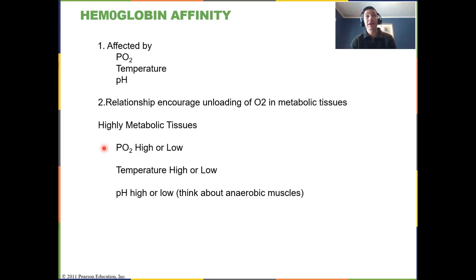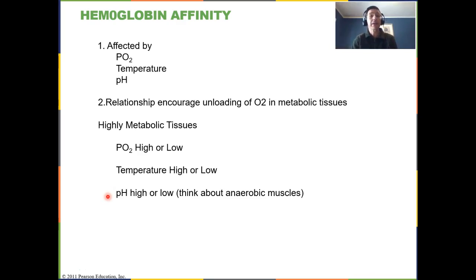You want more oxygen in your quadriceps, but they're using it, so the partial pressure due to oxygen is always going to be low in a tissue that's using lots of oxygen. Think about temperature. You're probably going to start sweating as you're climbing up that hill because heat is a byproduct of metabolism. So those tissues that are more highly metabolic are going to have higher temperature.